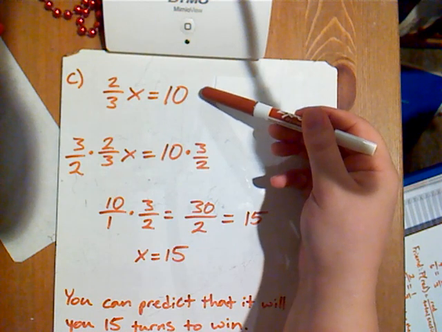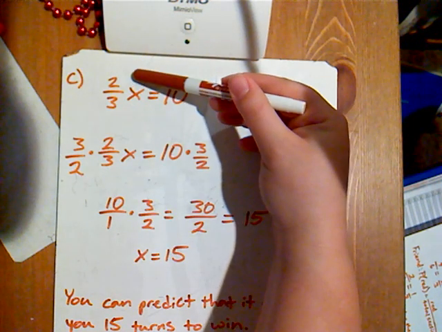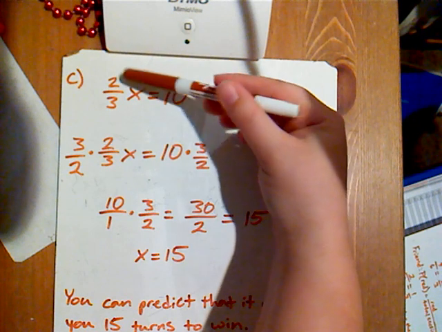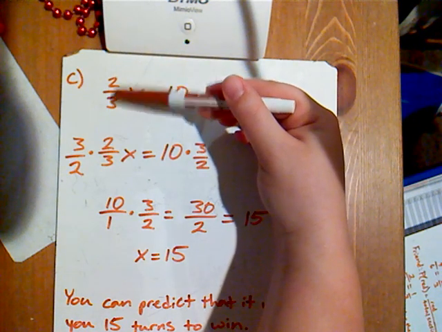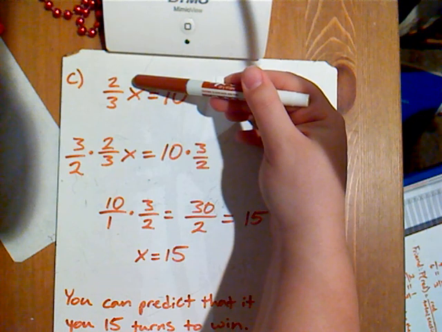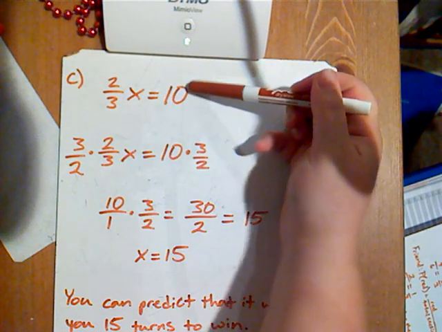You win when you get to 10 points. So X is representing how many times it will take you. So you've got your ratio 2 to 3 times your X is going to equal 10.